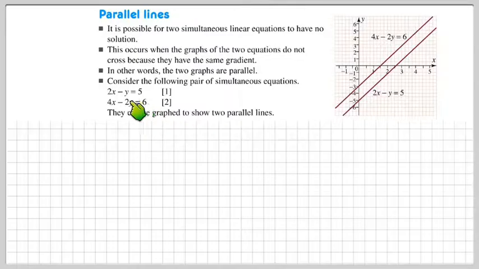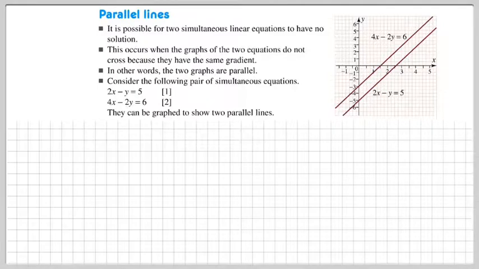Yeah, that's right. 2y equals 4x minus 6, therefore y would be 2x minus 3. In this case, y was 2x minus 5. So they have the same gradient of 2, but different y-intercepts. And therefore they can be graphed as these parallel lines, and you can see there's no solution at all, okay?